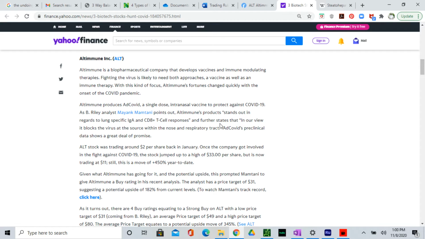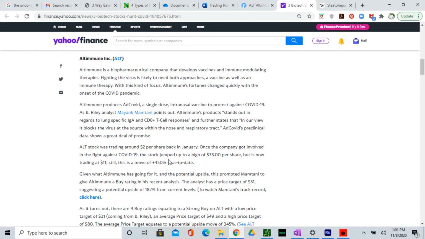And it further states that, in their view, it blocks the virus at the source within the nose and respiratory tract, which is important for COVID. On a bigger scheme, you want COVID to be stopped via the breath. You don't want those particles intertwining with the breath and then making themselves out into the atmosphere.